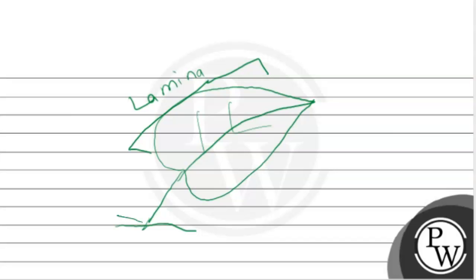और दिस पार्ट इज कॉल्ड नोड, एंड दिस इज petiole. This is petiole, and there is small leaf-like structure on the base of leaf is called stipule.